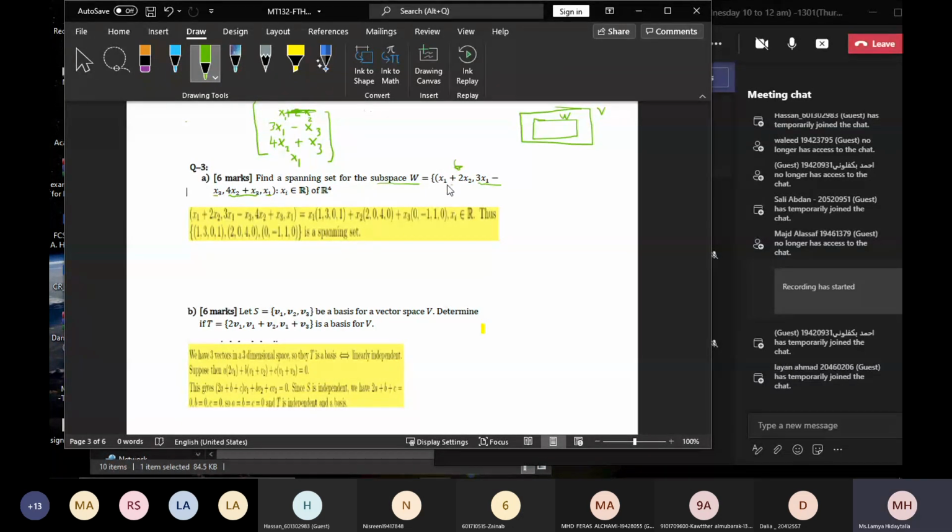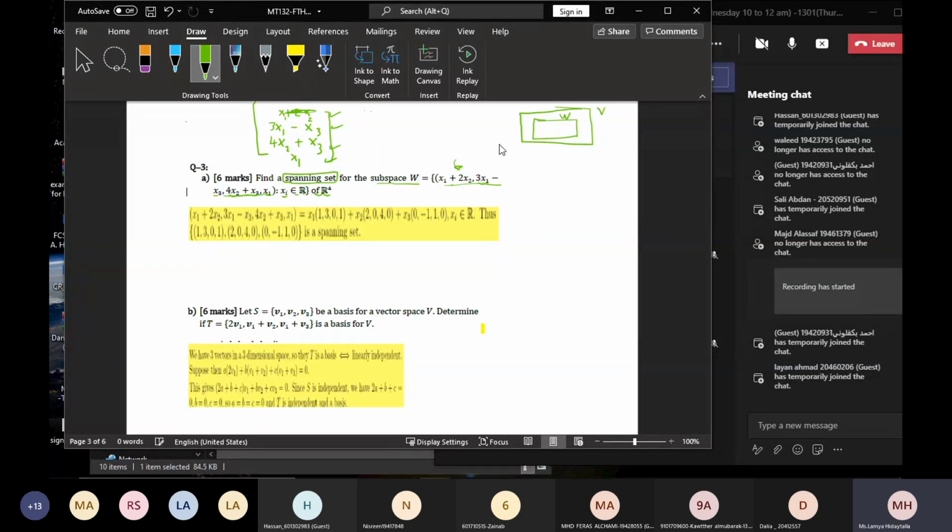This is how the elements here look, such that xi belong to R, so this is in R4. Why? Because I have 1, 2, 3, 4, so I have 4 elements.